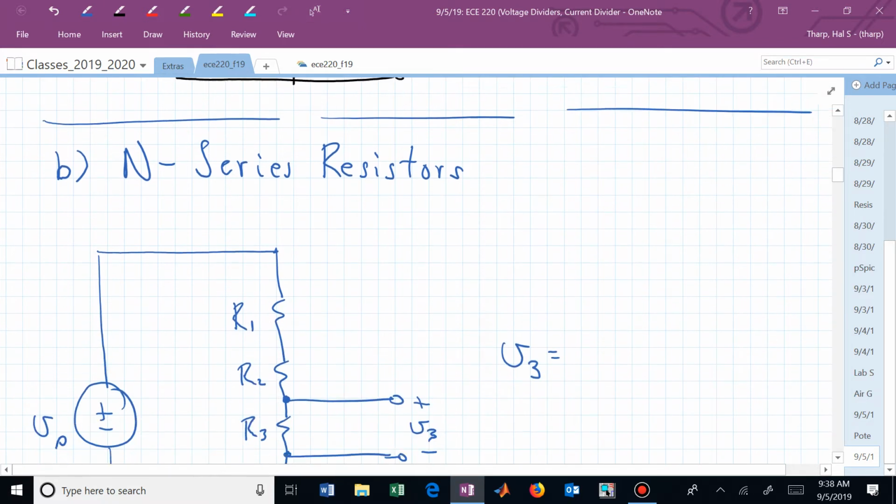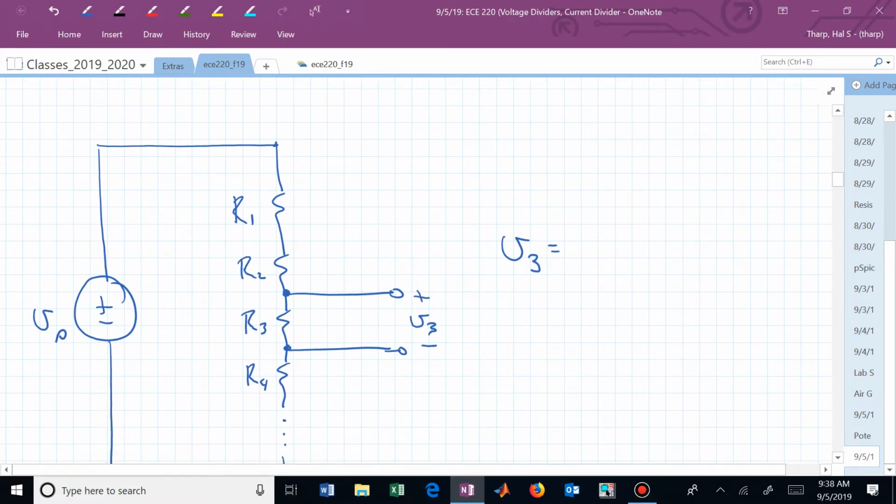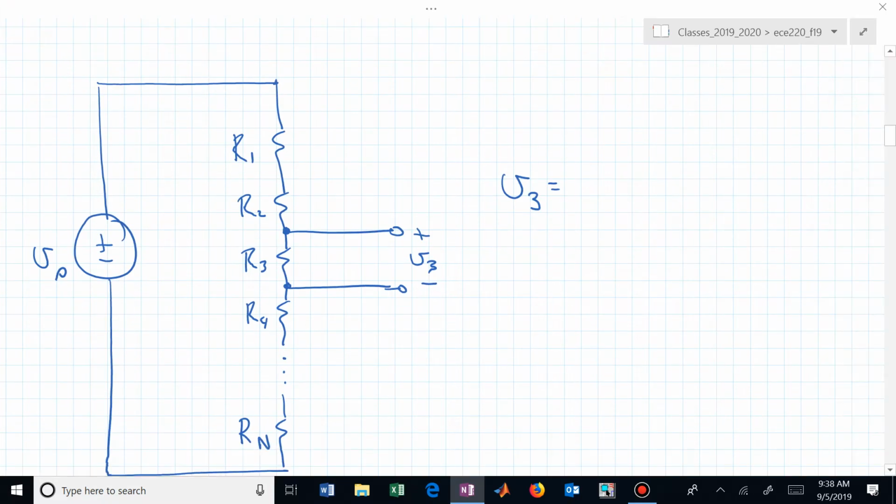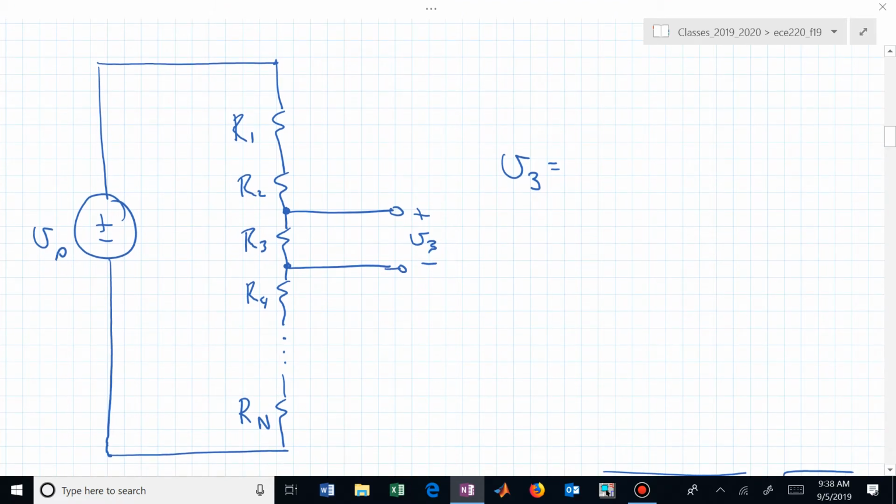What about a series of N resistors? What's V sub 3? I'm hoping you do the same strategy. The current through all of those resistors is the same.